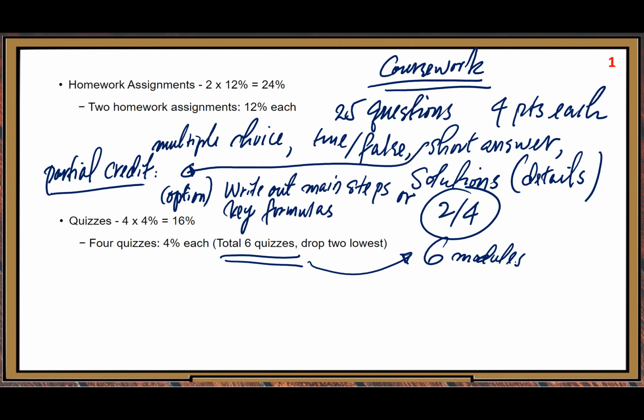For each student, I find your 2 lowest scores that I set to 0. Then in my formula, I add up all 6 scores of your quizzes. So don't worry. All right. 6 modules. Each module, on average, 4 classes.